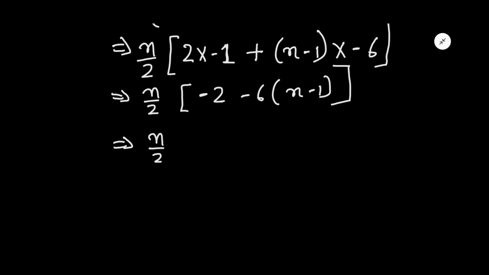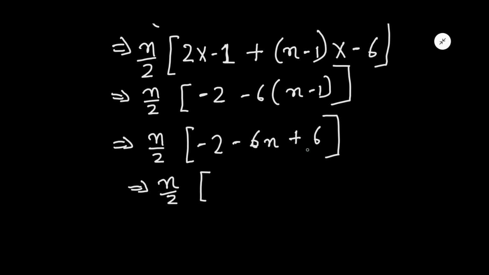n by 2 [minus 2 minus 6n. Minus 6 into minus 1 is plus 6.] So here 6 minus 2 is 4. 4 minus 6n.